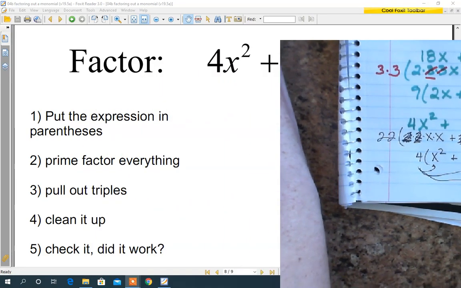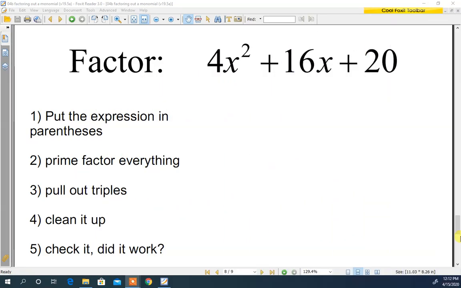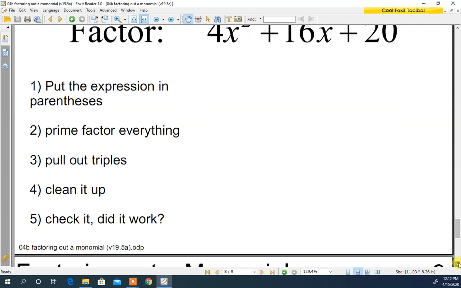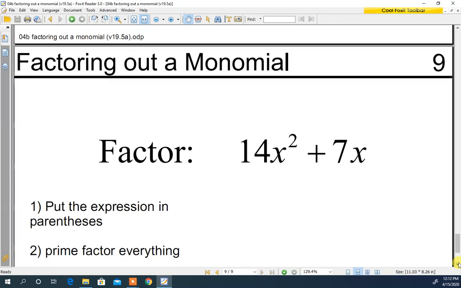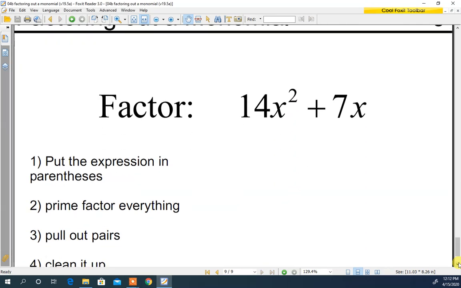Let's do one more just practice example. I'll do this one with my drawing tablet. All right, 14. What makes a 14? A 14 is a 2 times a 7 times an x times an x plus a 7x.